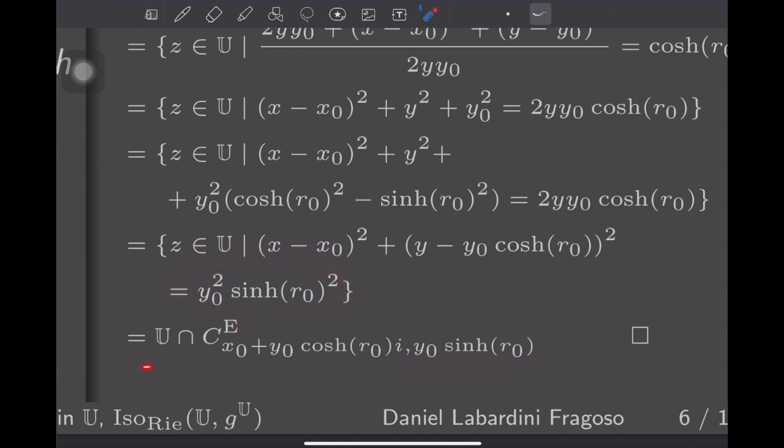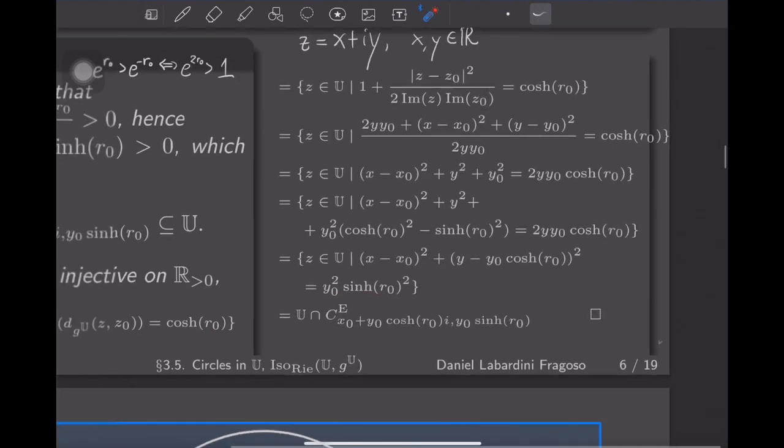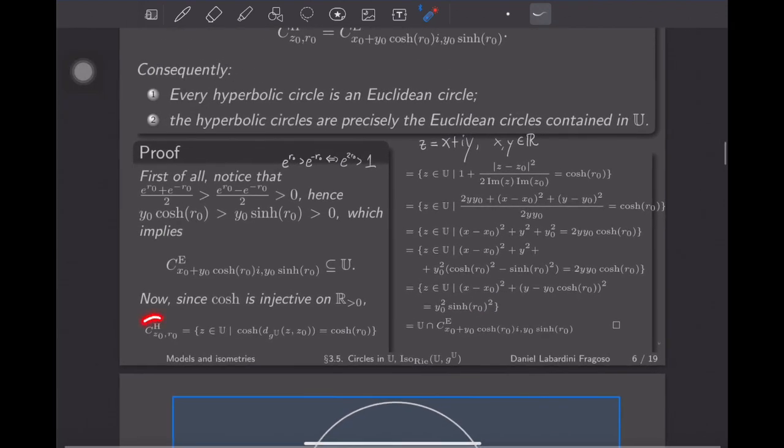But the first thing we verified was that this was indeed contained in U. So this intersection is just this. So I'm done. My hyperbolic circle is indeed what I claimed.